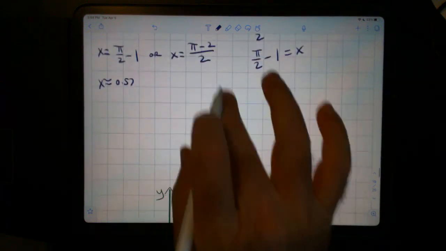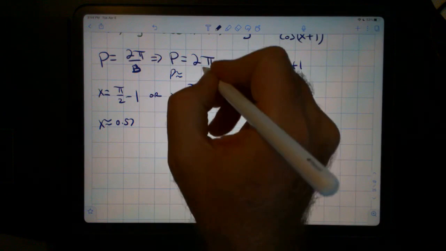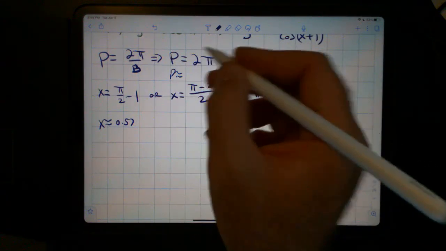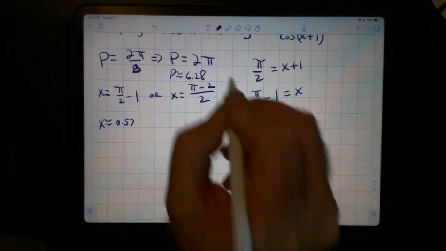And this right here, the period is going to be 2 times pi. Well, pi is 3.14, so 2 times pi is going to be about 6.28.